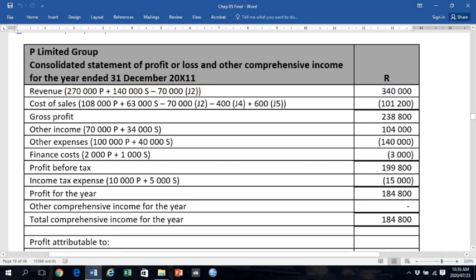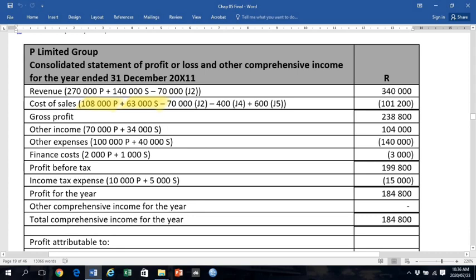The next line item is cost of sales. My starting point is 100% of the parent plus 100% of the subsidiary from their respective trial balances. At this point, it's important to remember that cost of sales comprises a calculation of taking opening inventories plus purchases less closing inventories.